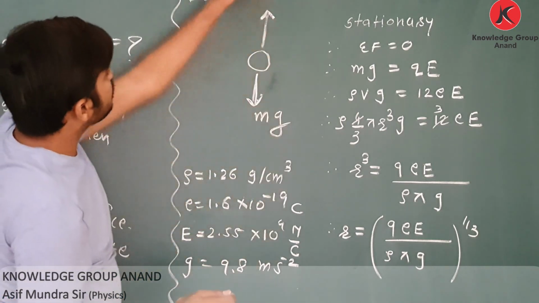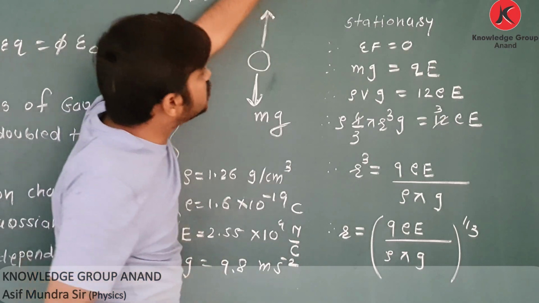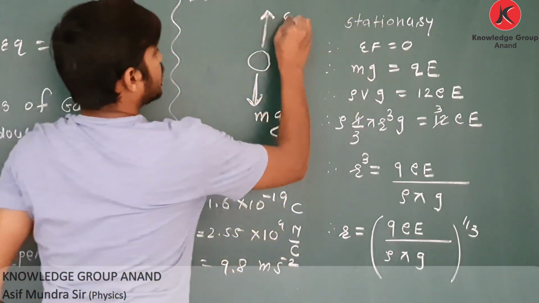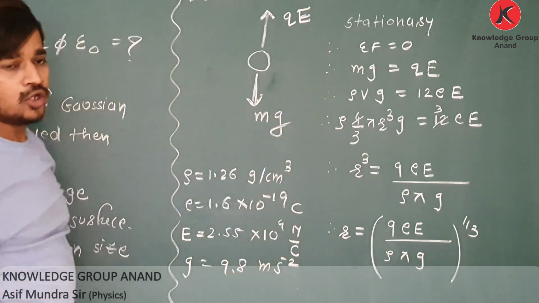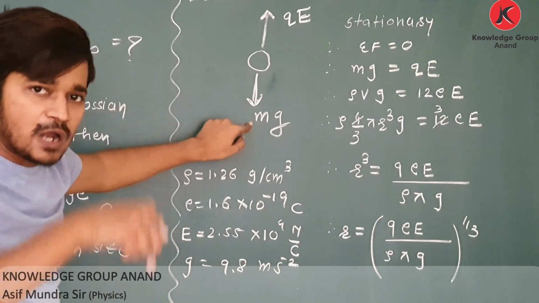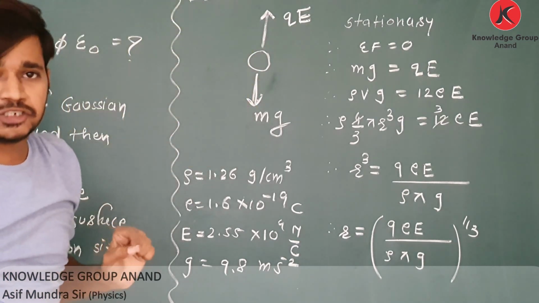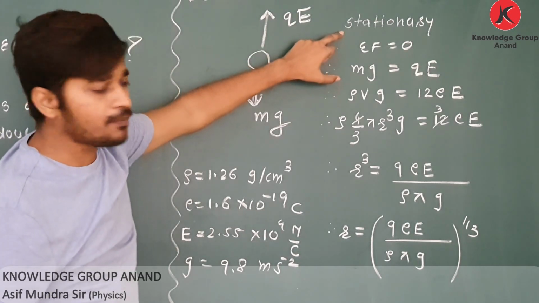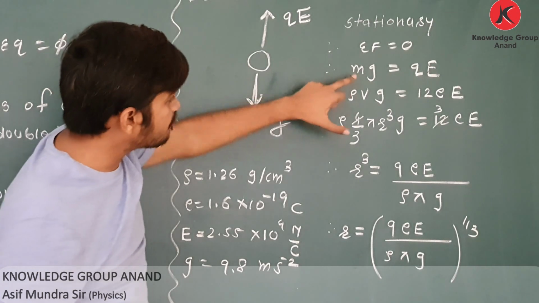We know that this oil drop having 12 excess electrons has charge, and on this charge in the electric field the force acting is QE. So on the oil drop, two forces are acting: one gravitational force in the downward direction, one electric force in the vertically upward direction. For a stationary oil drop, sigma F is equal to 0. So mg is equal to QE.